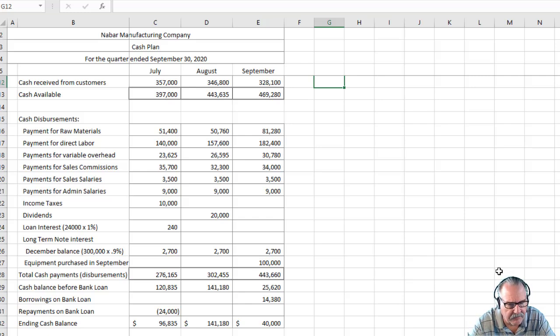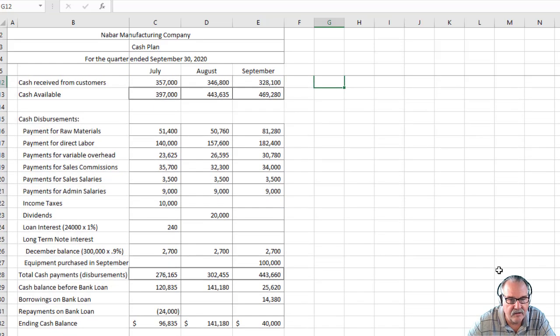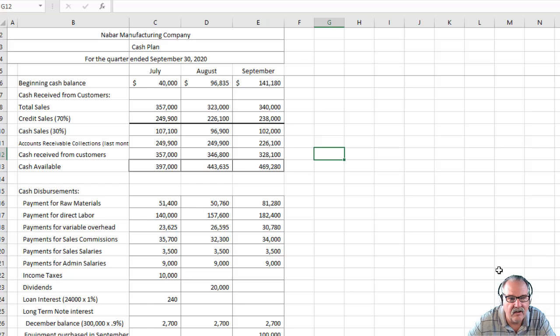So after all of our expenses are paid, we're going to go ahead and pay off that loan, that short-term line of credit, which means our ending balance is going to be $96,835. And what I've shown down below here is that now we don't have a balance in that long-term bank or short-term bank loan because it's paid off. That's the $24,000. So that $96,835 becomes the August beginning balance.